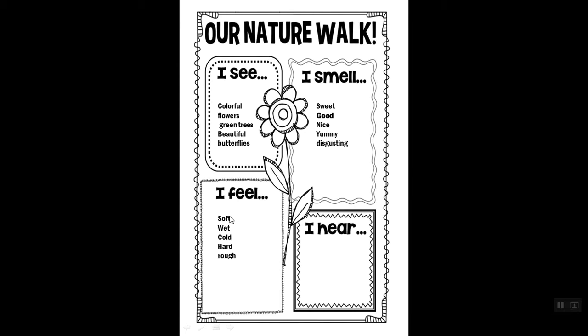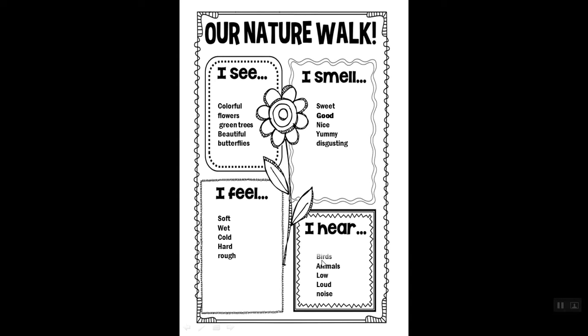What do you feel? You can feel soft things around you if you touch an animal, or you can feel wet if you step in this muddy pool, or you go for a swim in the lake. You can feel cold. You can touch something hard or rough, like if you lean on a tree, you can feel the rough bark or the hard bark of the tree. You have a lot of words that you can use.